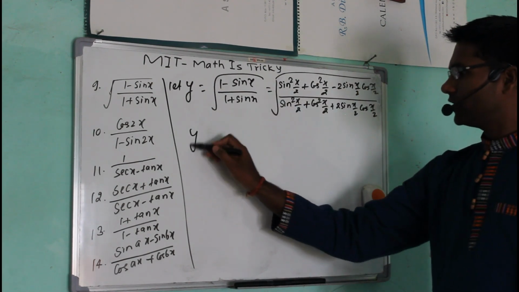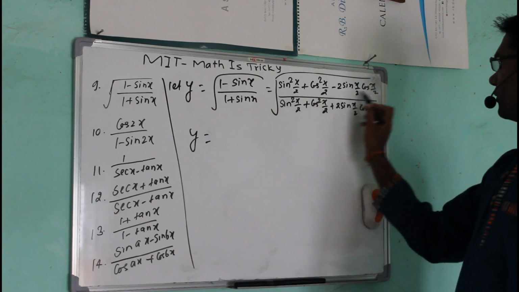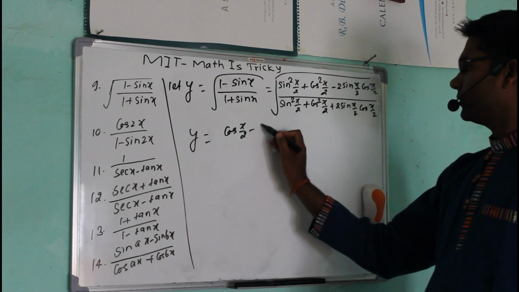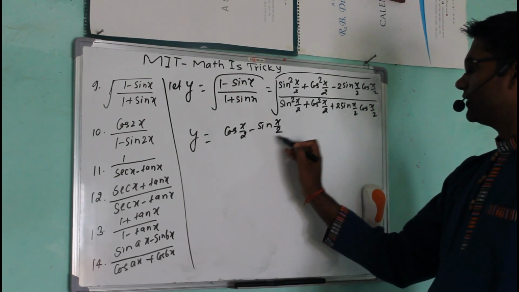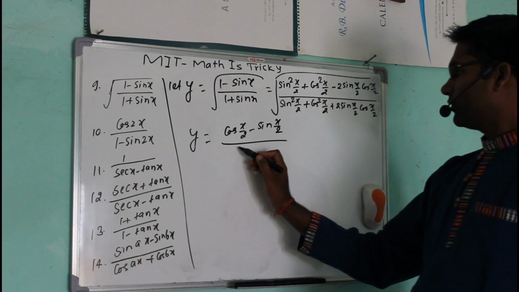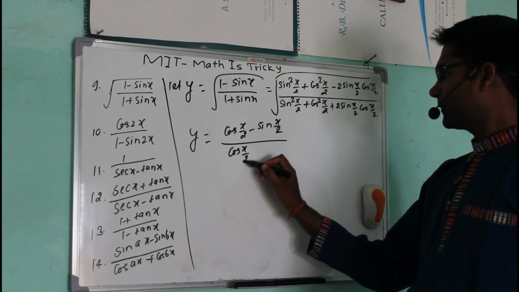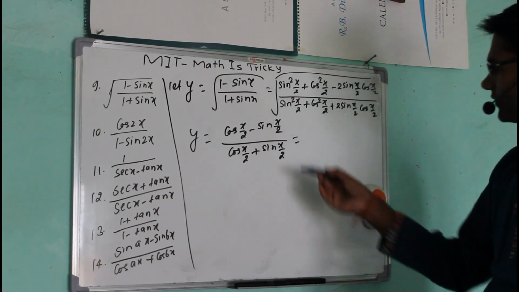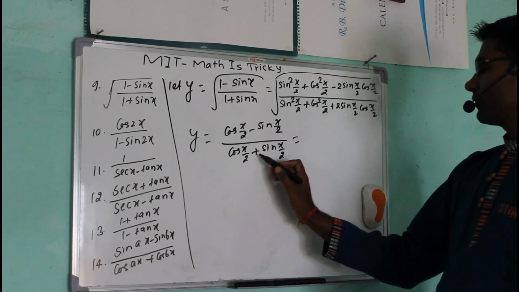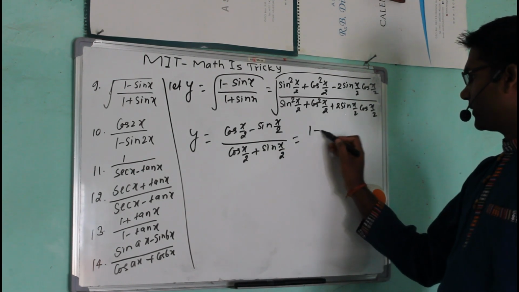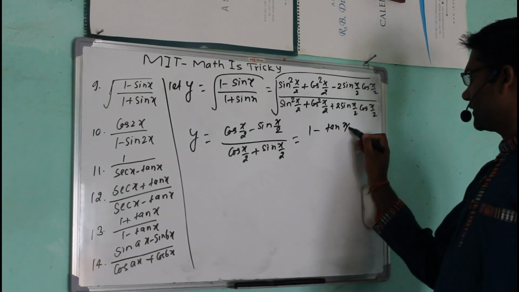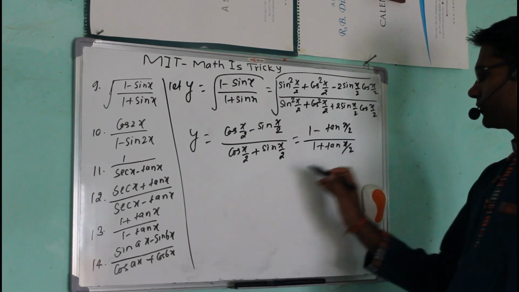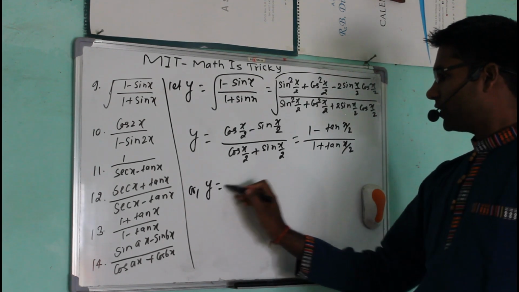Okay, so that we can write here y equals how much? This goes in whole square formula, so that we can write here cos x by 2 minus sine x by 2 in numerator, and denominator will be cos x by 2 plus sine x by 2. Okay, so let's divide numerator and denominator by cos x/2, so that we can write here (1 minus tan x by 2) by (1 plus tan x by 2). Or we can write it here, let's simplify further.